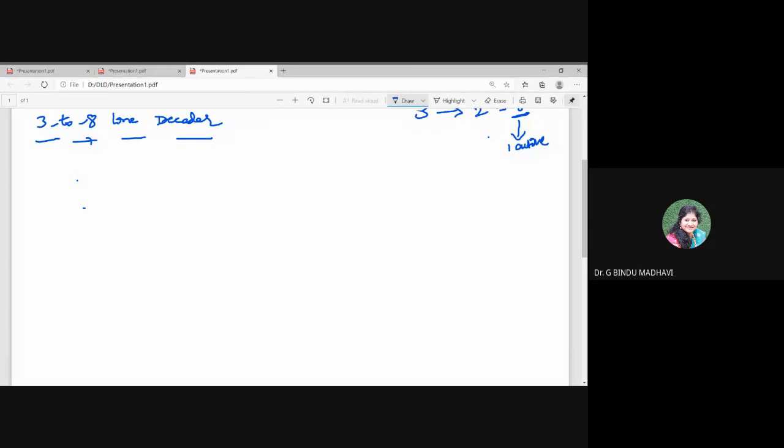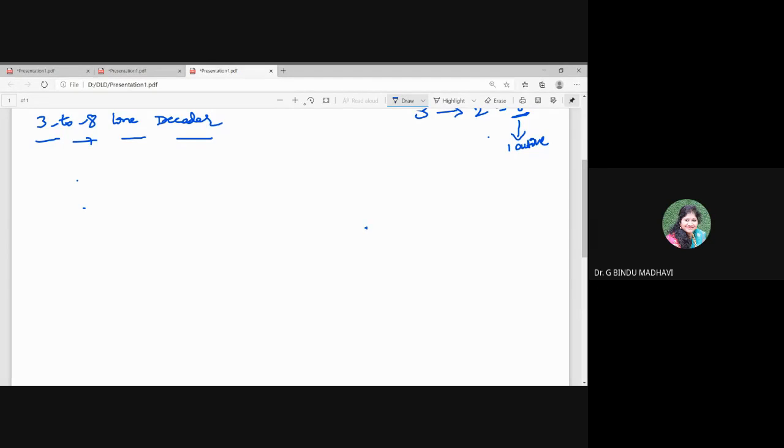Okay, so first I'm constructing a circuit with AND gates. 3 to 8 means how many outputs? 8 outputs, right?